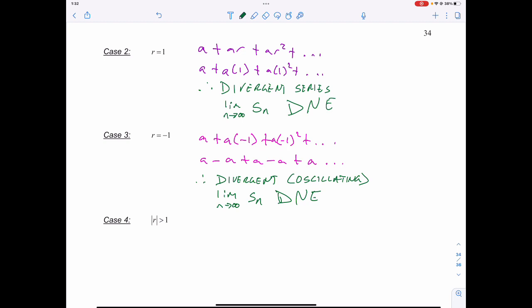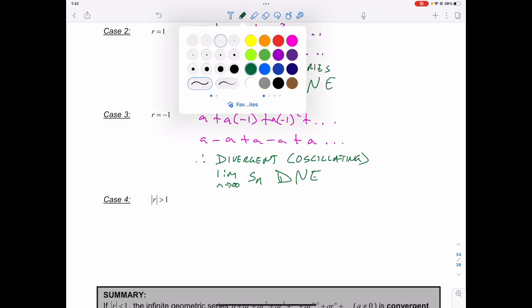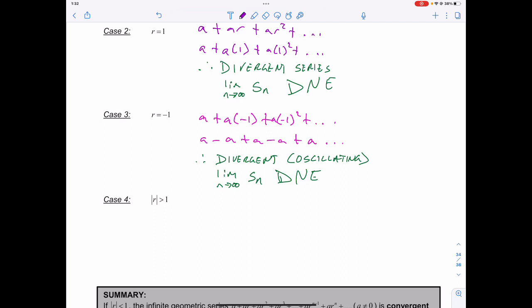The last possibility is it's not in between -1 and +1. It's not equal to -1 or +1. It is going to be greater than +1 or less than -1. So I could have a number like a is equal to 3 and r is equal to 2. Let's just pick a number greater than 1.